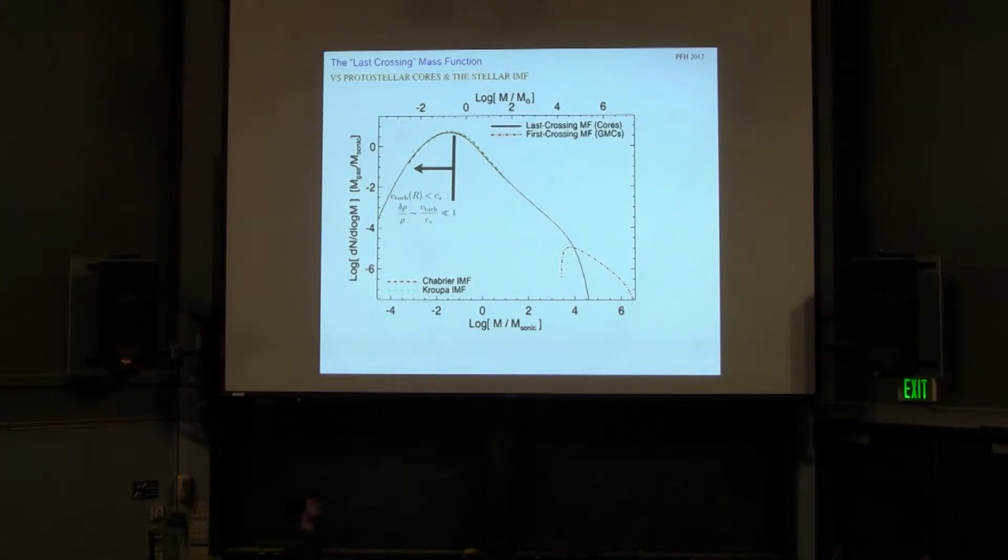So the scale here is really this sonic scale. Basically below here, at least in these models, is where the turbulence is subsonic, right? And not able, therefore, to generate significant density fluctuations.